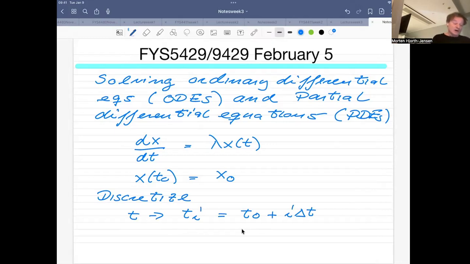And typically this i is defined from 0 to 1, 2, and up to a final point n. So this is our discretized value for time, if we want to use time for t. And in a similar fashion, our x of t translates into an x of t_i, which we often simply write as an x with a subscript i.